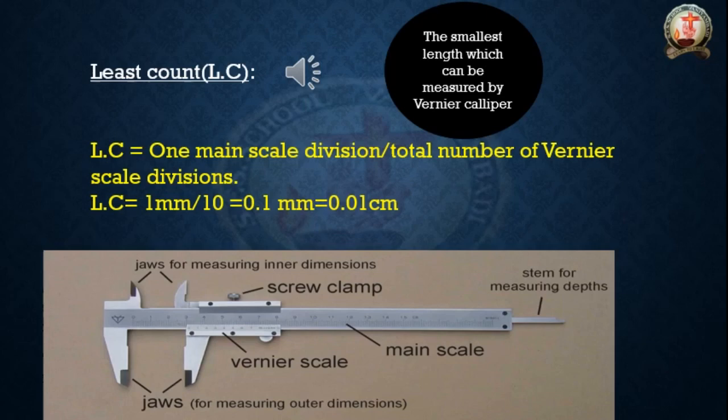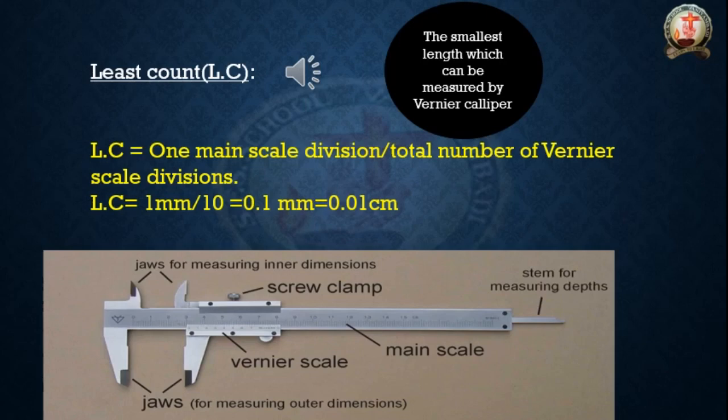Suppose by the use of vernier caliper, you find 0.5 length of the object. Suppose one object length is 0.5 millimeters. That object length you found by the use of vernier caliper. So what is the least count of that vernier caliper? 0.5. For example only I am telling. So how much smallest length can be measured by vernier caliper, that is the least count.